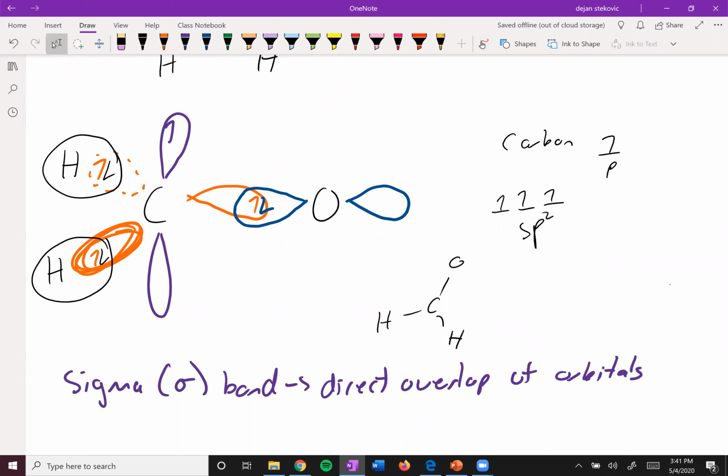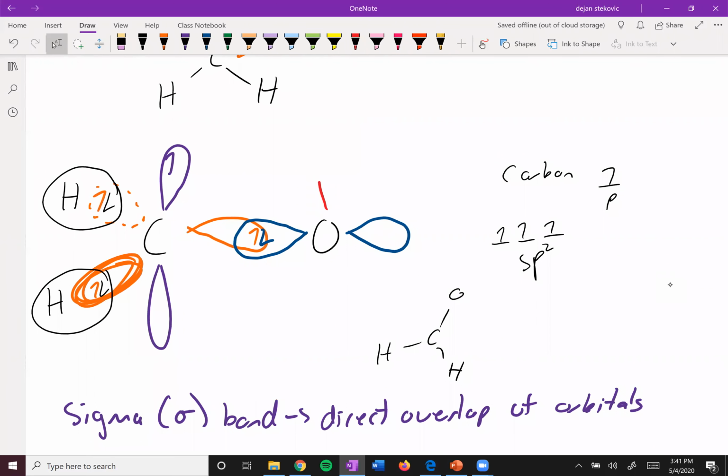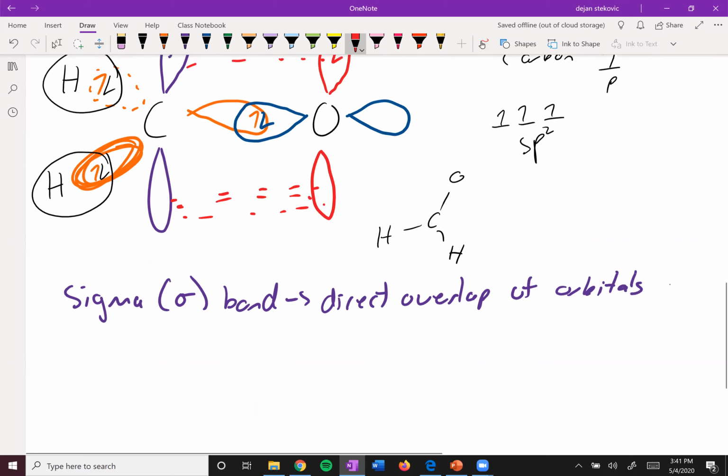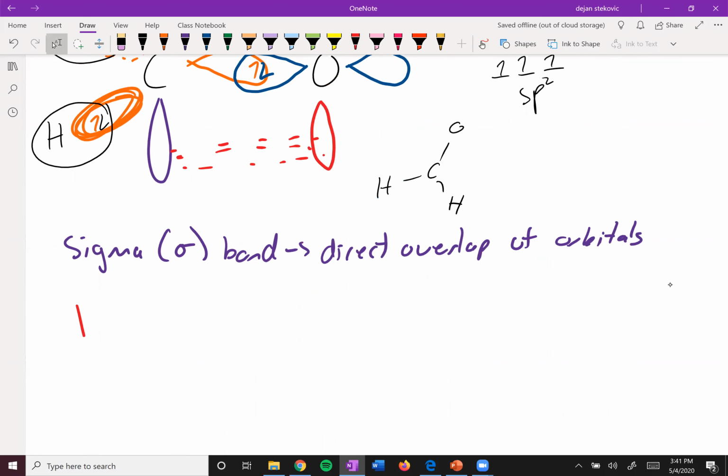So where does that second bond come from? It comes from another unhybridized orbital of the oxygen and the unhybridized orbital of the carbon. They are bonded not because they're directly touching, but because they're next to each other. This is what's known as a pi bond, and it's indirect overlap.